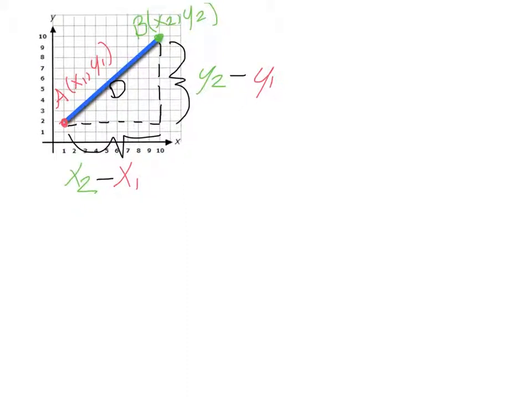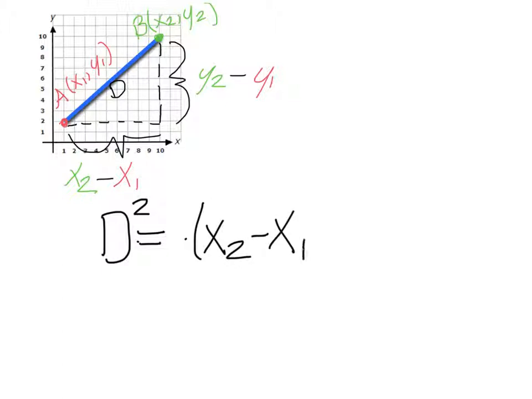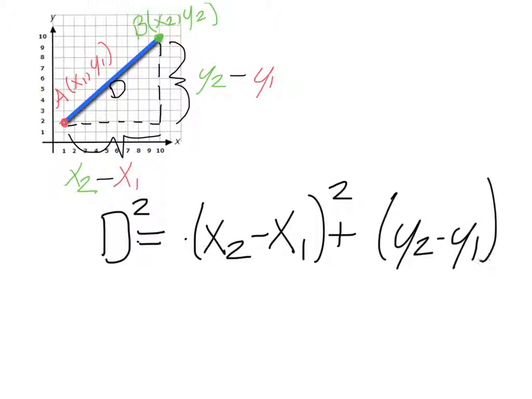So we know that d squared is equal to (x2 minus x1) squared plus (y2 minus y1) squared.